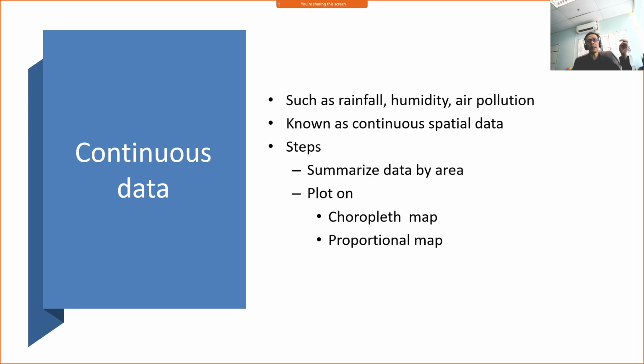For example, MACRES. So they will supply you with a map of rainfall for Malaysia, a map of humidity for Malaysia, temperature for Malaysia, and so on and so forth. But still you can also plot using a choropleth map or also proportional maps.